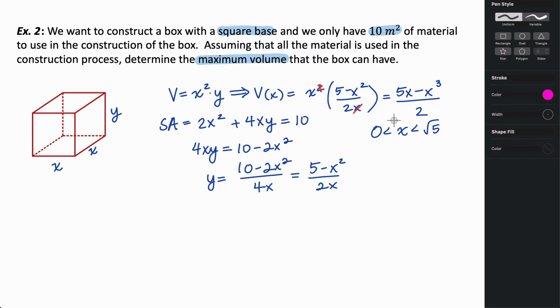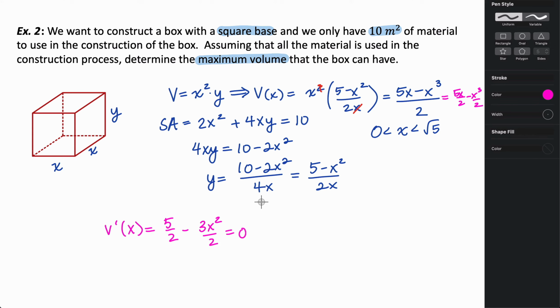So we're going to take the derivative of this here. So V prime of x is equal to, you can actually rewrite this as 5x over 2 minus x cubed over 2. I think it's going to make it easier to take the derivative. So the derivative is going to be 5 halves minus 3x squared over 2. And we want to know, where is this 0? So we can multiply everything by 2.